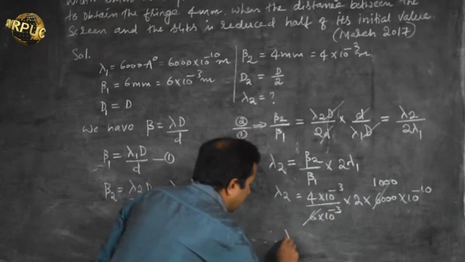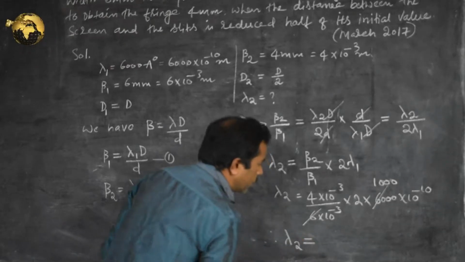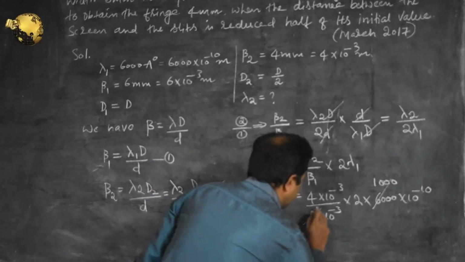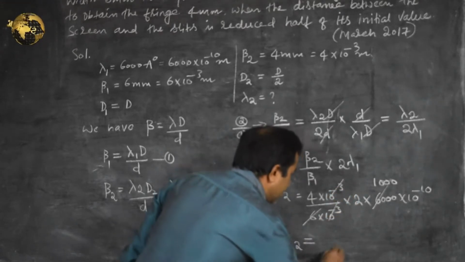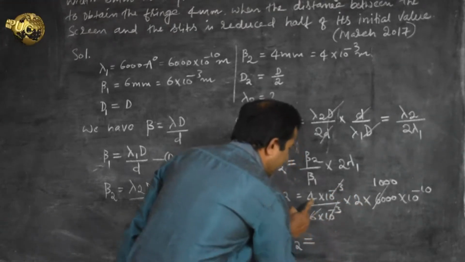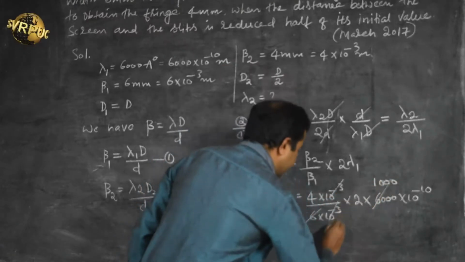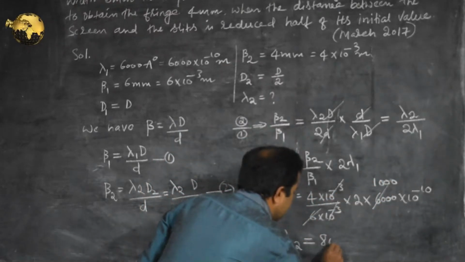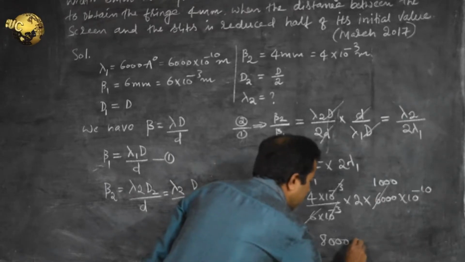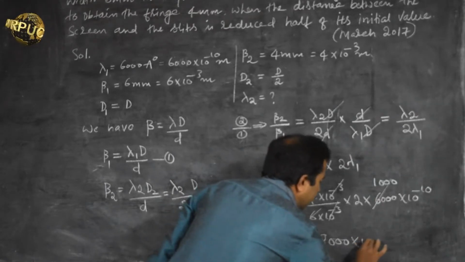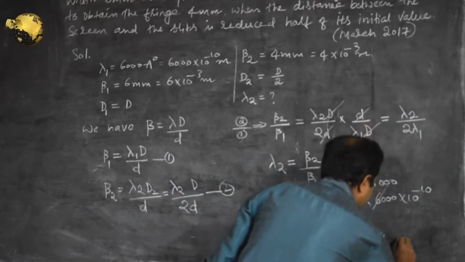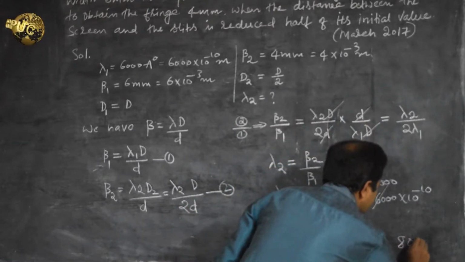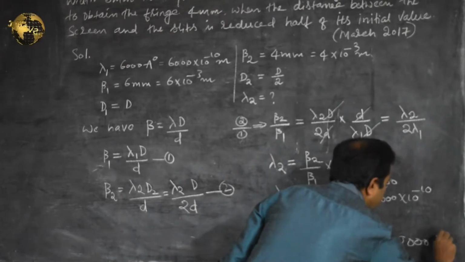Therefore, lambda 2 is equal to 4 into 2, and here 10 to the power minus 3 and 10 to the power minus 3 get cancelled. So let us multiply 4 into 2 into 1000. It will become 8000 into 10 to the power minus 10, and this will be equal to 8000 angstrom.